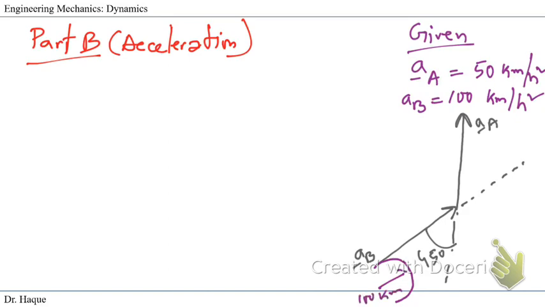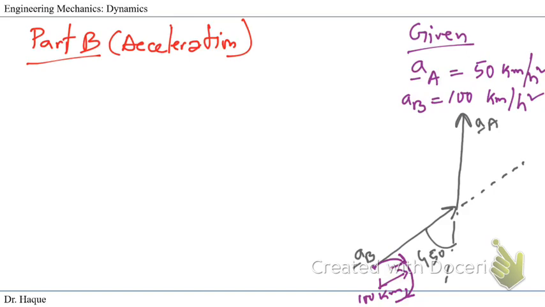It's moving in this direction, so the plane is accelerating in this direction. Now the plane is here at that point. It starts accelerating in a circular path.